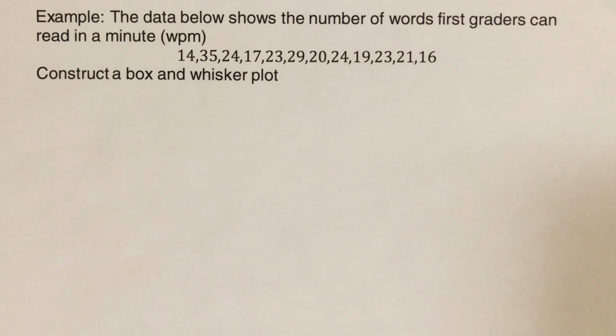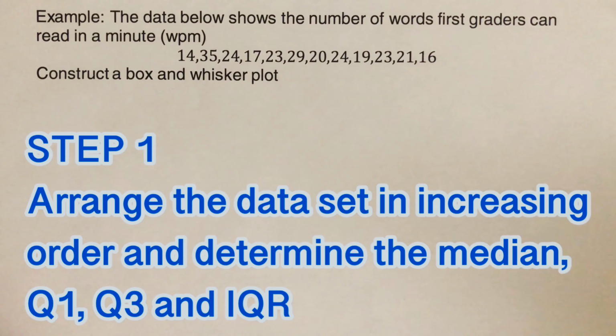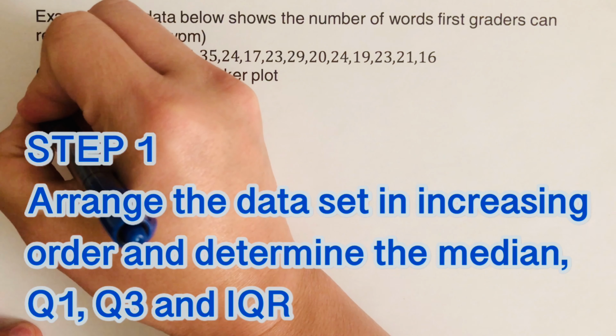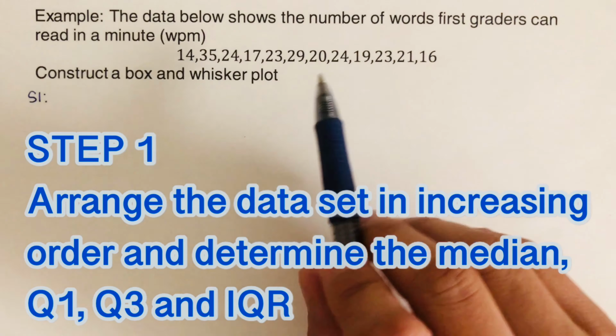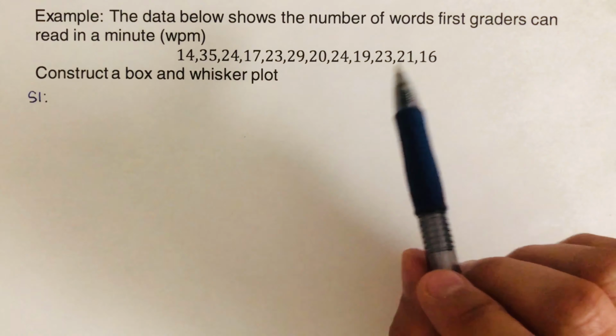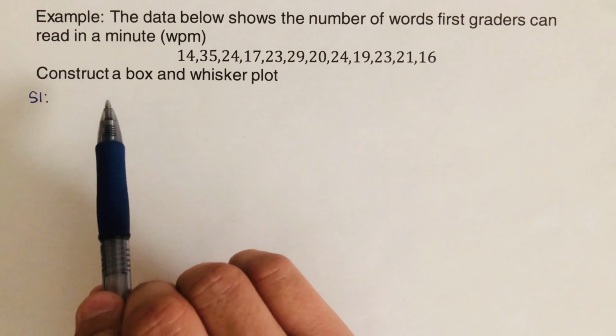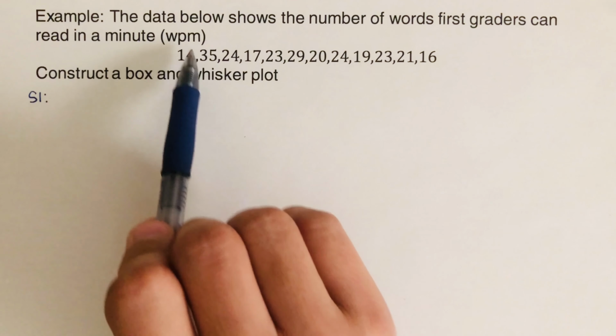Okay, so we go over the problem here. First step, so I'm just gonna label this side right here as our S1. Step 1 is to arrange them in order from smallest to biggest. So in this problem that we have here, this is showing the number of words first graders can read in a minute. So that's words per minute.